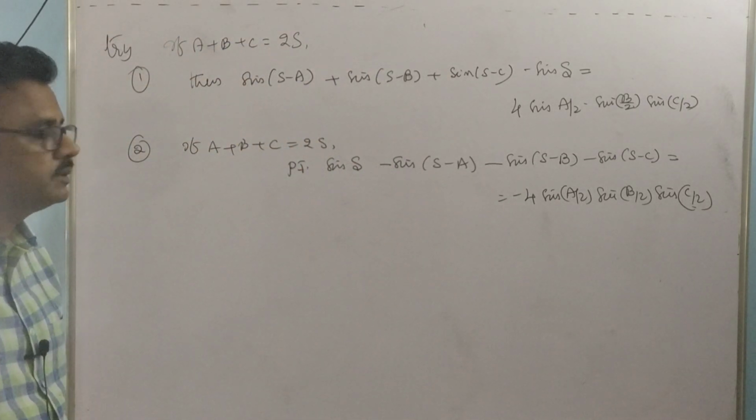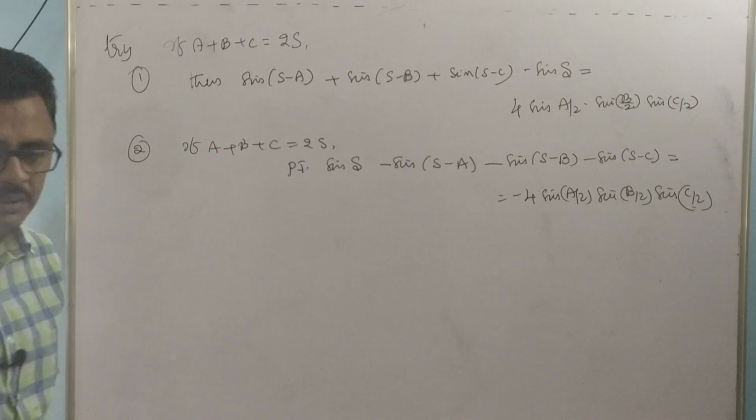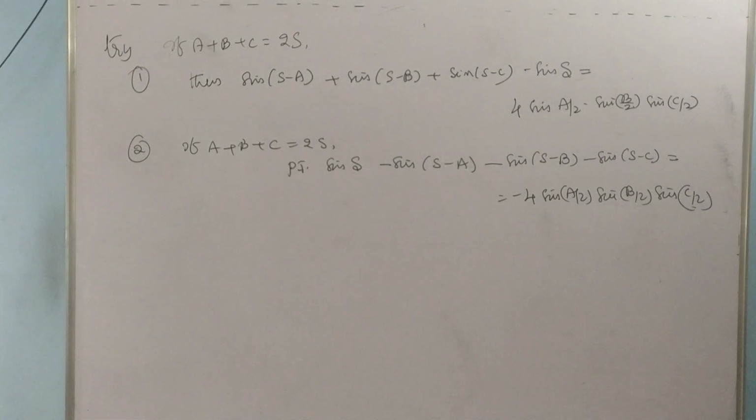So these two problems are also the same as the previous sum. If a plus b plus c equal to 2s, by using the transformations sin c plus sin d form and sin c minus sin d form.